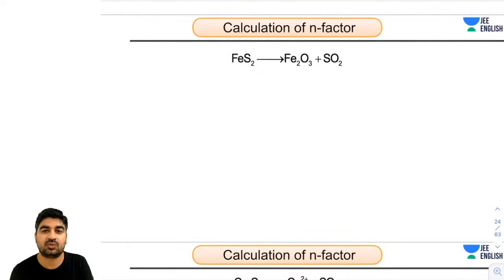Fe2 giving you Fe2S3, Fe2O3 and SO2. So this is basically a complete redox and very tough to balance. Yes, very tough to balance. I'm waiting for your answers. Let's see how many of you can balance it.